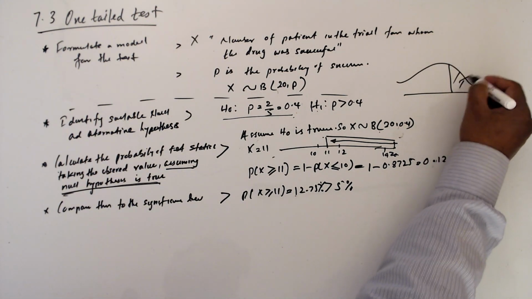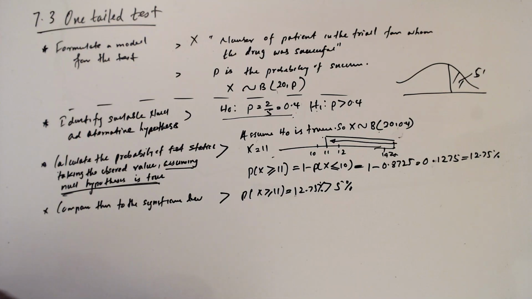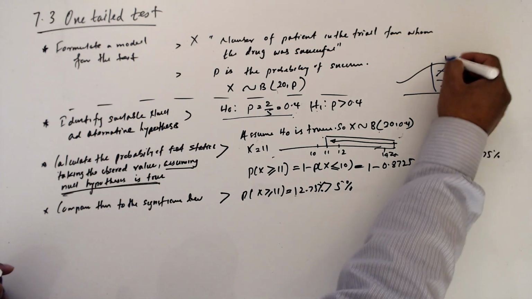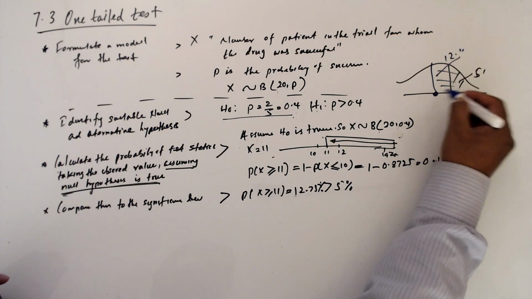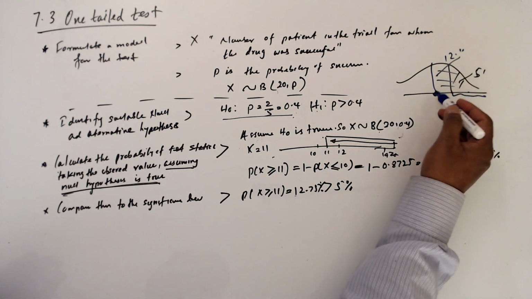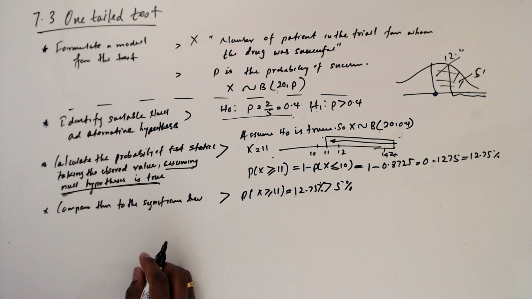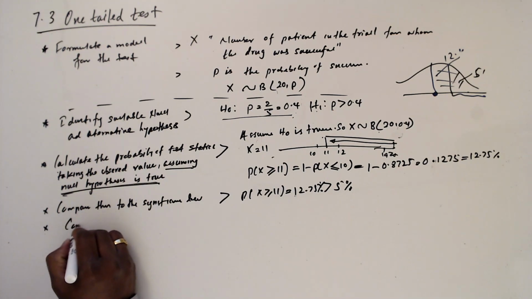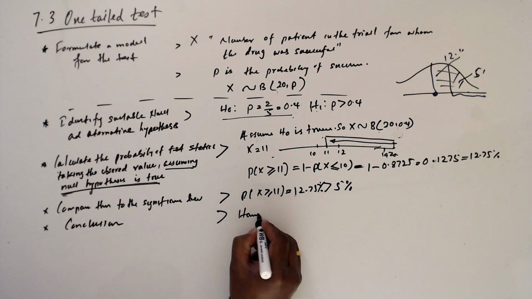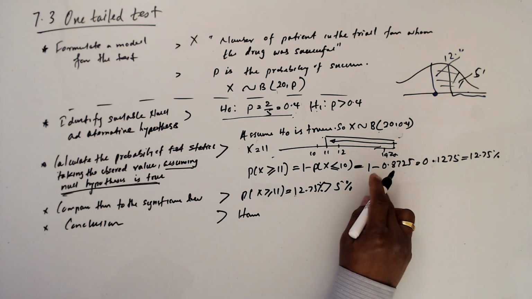So 5% is here and 12.75% is here, from right to left. It means this value does not lie inside the critical region. So this is the critical region, and it is outside it. Hence we have to write the conclusion now. Are we accepting or rejecting? We are accepting this one.